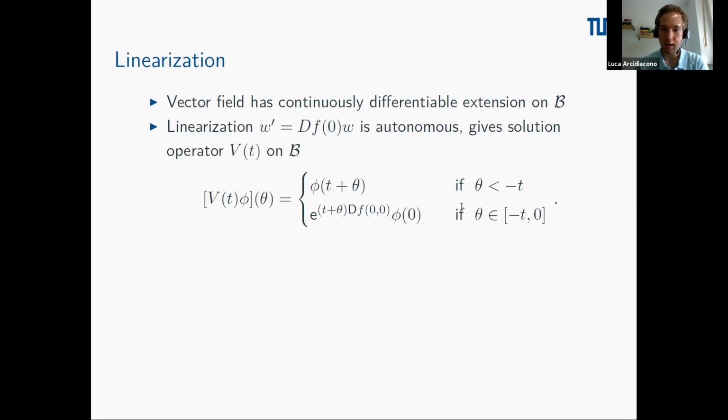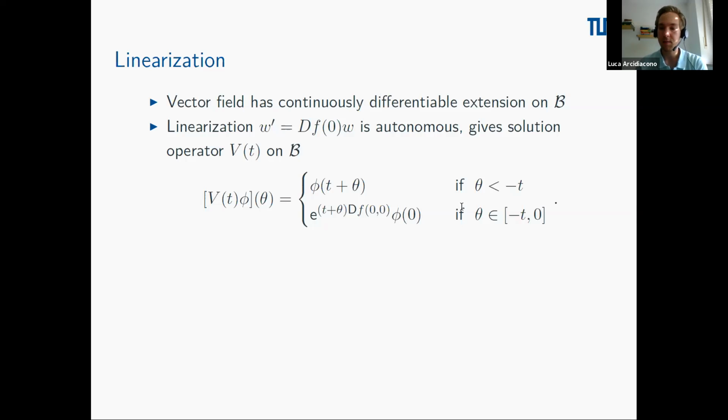So, in fact, it turns out that the linearization is given more or less by the derivative of our function f at the origin, and it is independent of the time. So the linearization is again autonomous.